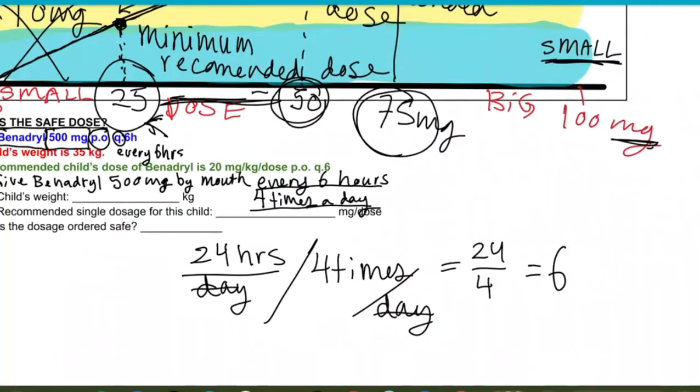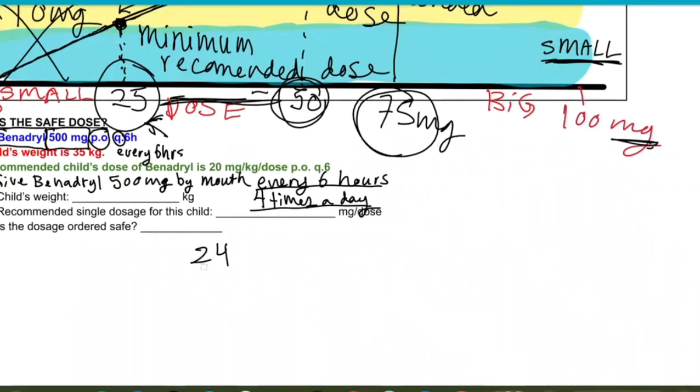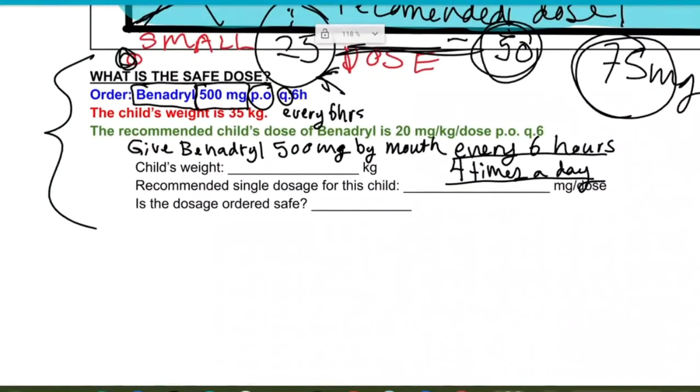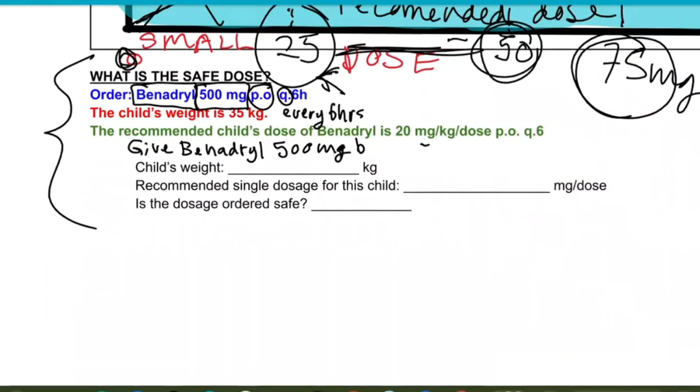So that's 6 hours between doses. I'm just going over that a couple times because that can be a little confusing. I've had some people struggle with the wording in these problems a little bit, but okay, sorry. I know I said this would be quick and it's not, but okay.